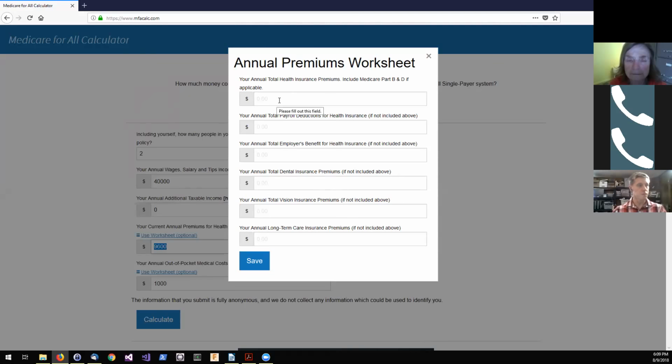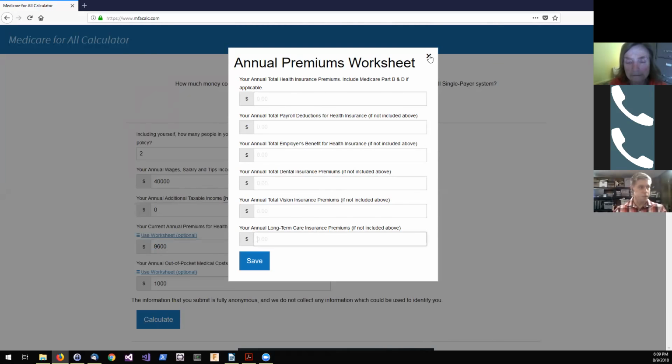The first field is your total health insurance premiums. The next one are any payroll deductions, to make sure you consider those, because under Medicare for All, you wouldn't have a payroll deduction for healthcare. Then total employer's benefits, your total dental insurance premiums, vision insurance, or long-term care insurance.